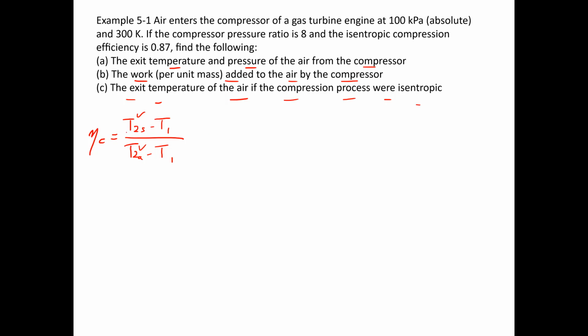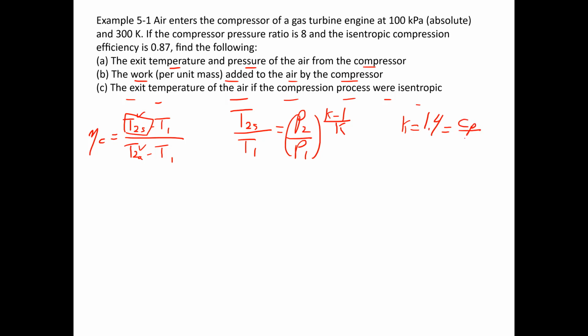First, the isentropic temperature is pretty straightforward to compute. The isentropic temperature coming out divided by the temperature going in is equal to the pressure ratio, P2 over P1, to the (k minus 1) over k. Normally for air, the specific heat ratio, k, which is Cp over Cv, is about 1.4.